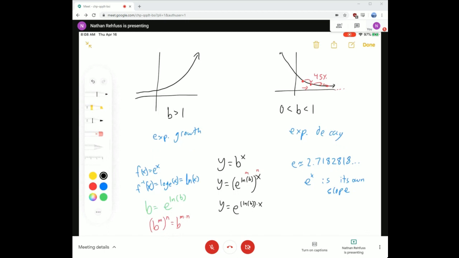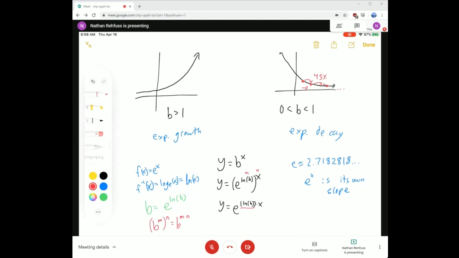If you think back to graph transformations, all the way back in section 3.5, natural log of b is just some number.